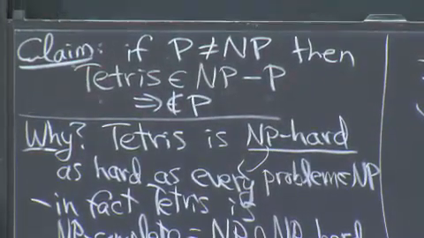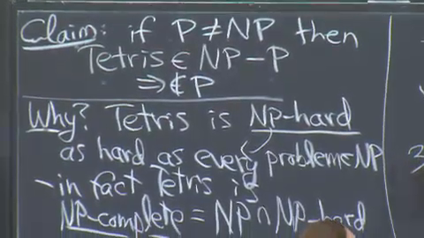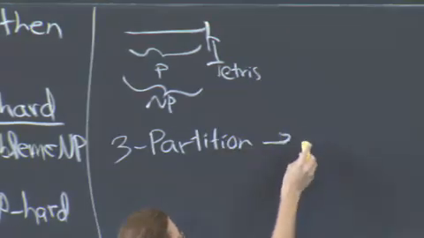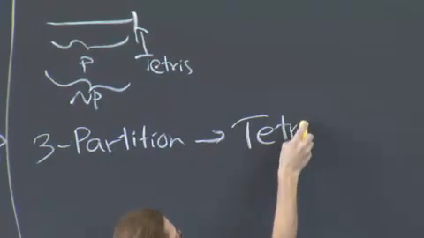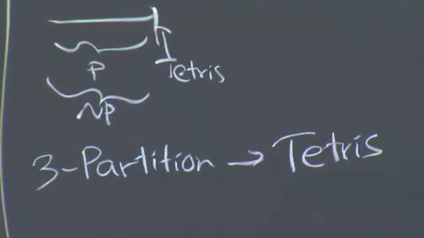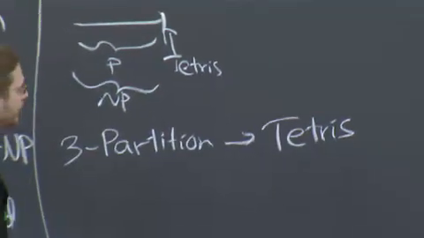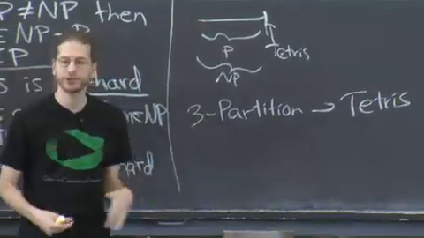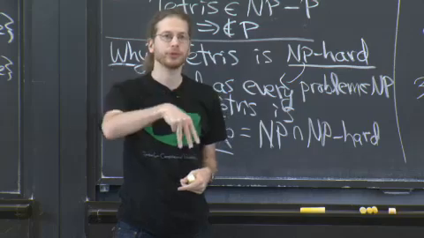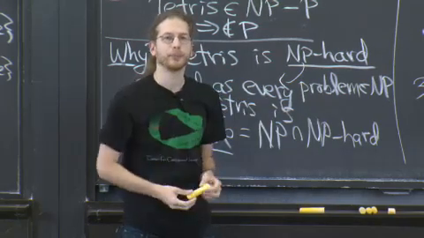So what we proved is that a problem called 3-partition can be reduced to Tetris. Now, what's 3-partition? 3-partition is I give you n numbers. I want to know, can I divide them into triples, each of the same sum?